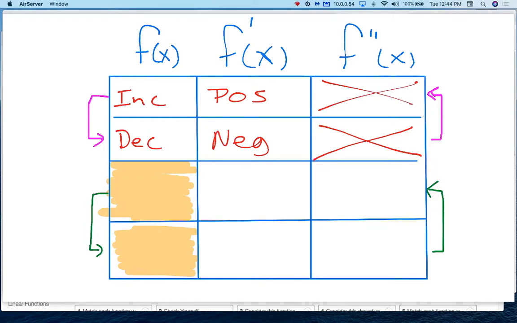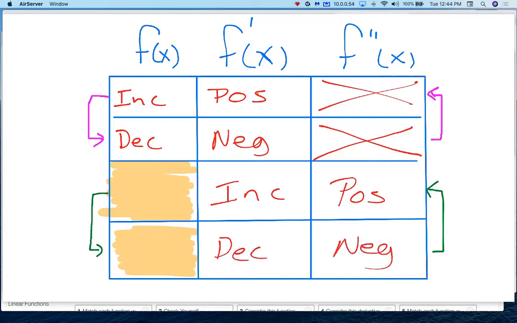That's the next level. But we can also put increasing and positive here, and decreasing and negative here. Really what you're looking at is X values where this is occurring, honing in on the X values of when this transition is made.